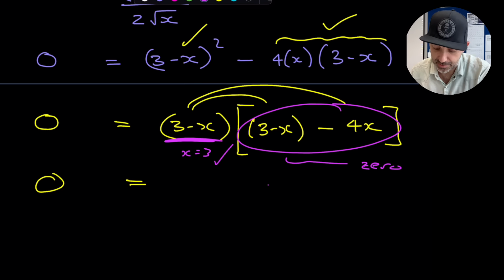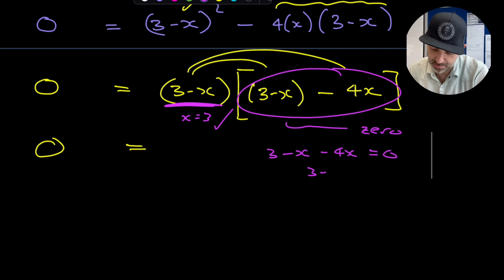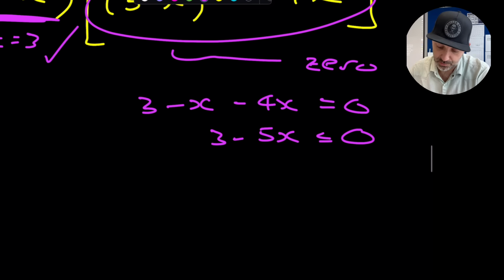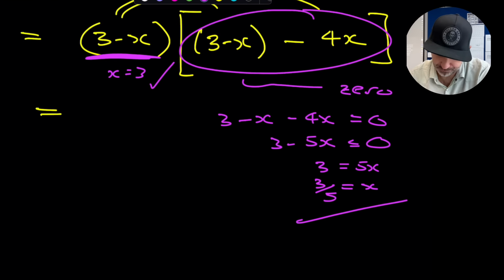Right, so let's set that up. So 3 minus x minus 4x has to equal 0. So we would have 3 minus 5x has to equal 0. So 3 equals 5x, and therefore x is equal to 3 over 5. And that is our second solution.